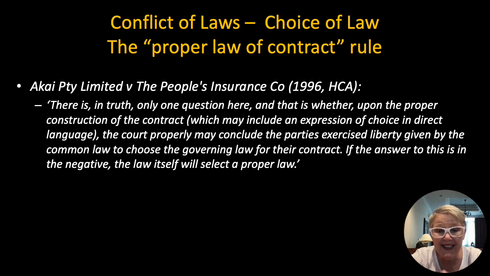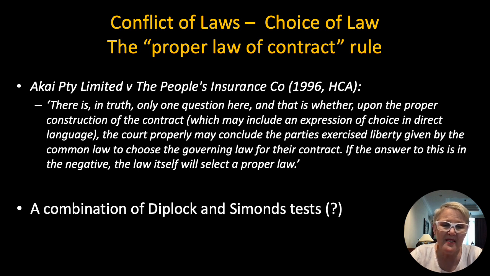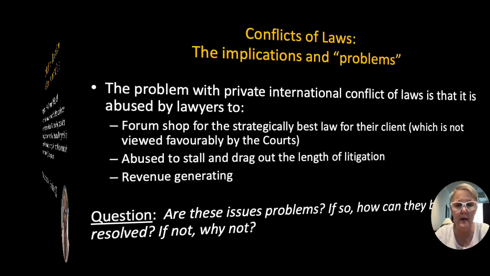And that liberty to create that private law includes a liberty to determine which laws will apply in the circumstances where there might be a dispute. So ultimately, this is a combination of the tests that Diplock and Simonds had in the cases that we just mentioned a minute ago.